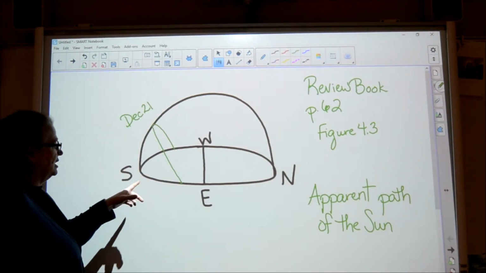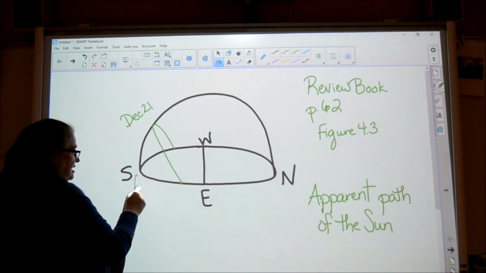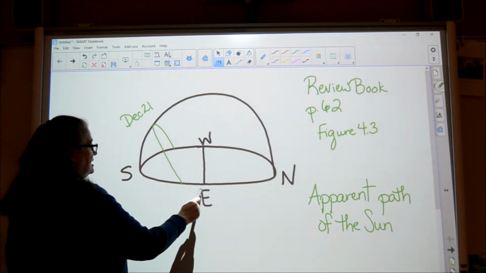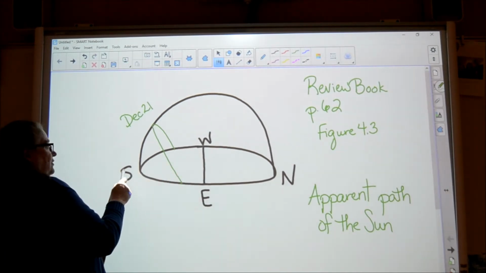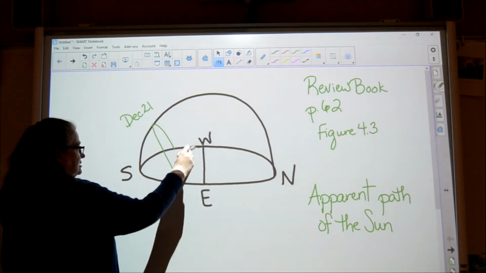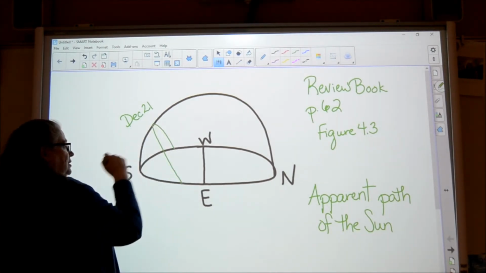So with that one, we would say the sun rises east of south and sets west of south. So you're always comparing. Here's south, here's east, and here's west. Sun is rising in the east, setting in the west.